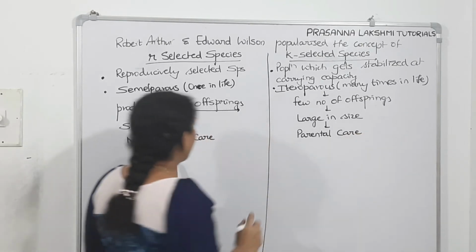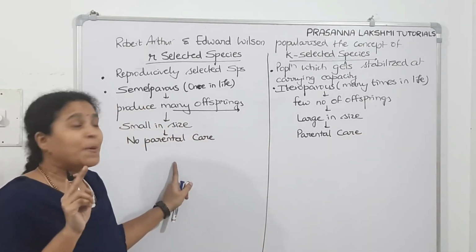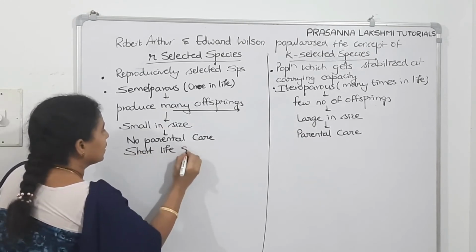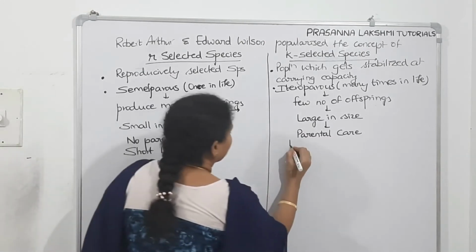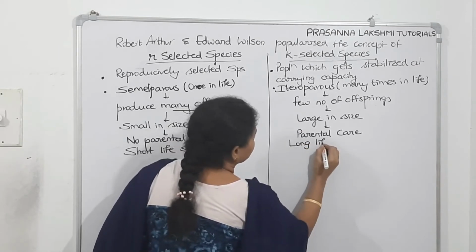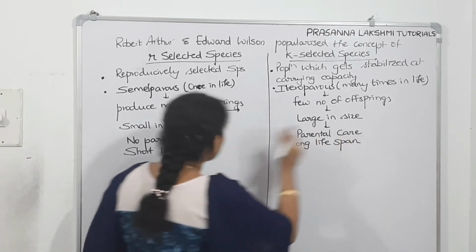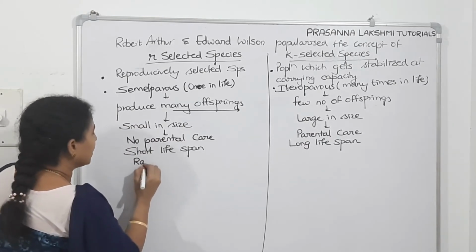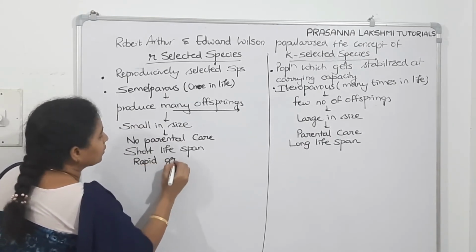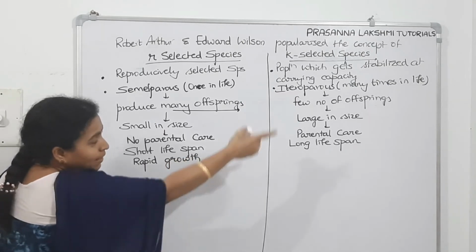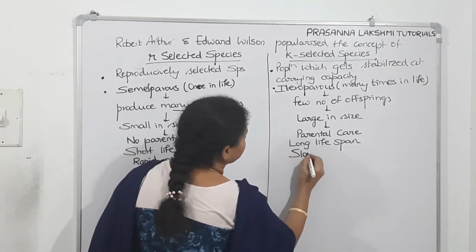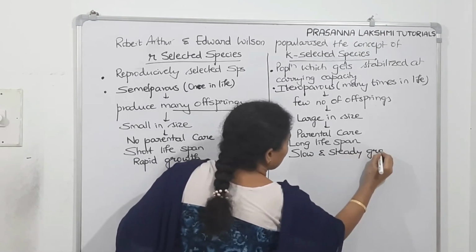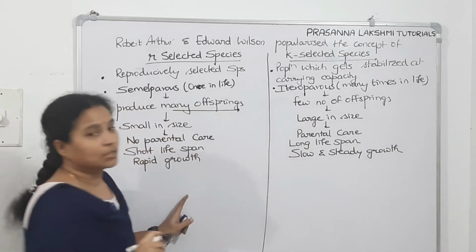And here, because parental care is not there, the lifespan will be short. And here, long lifespan. Since they have a short lifespan, they show rapid growth. They grow fast, time is not there. Rapid growth occurs. Since the lifespan is long here, slow and steady growth occurs, right?